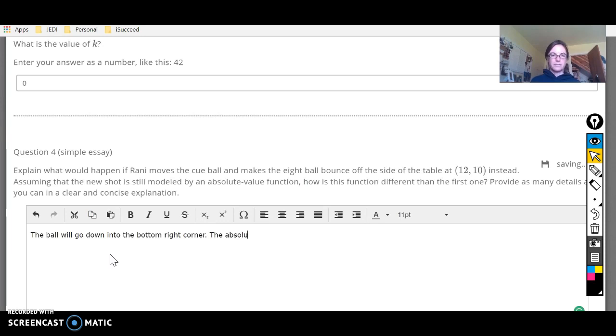The absolute value function will open downward instead of up because the A value is now negative. Okay, so that's all you need to type for that one.